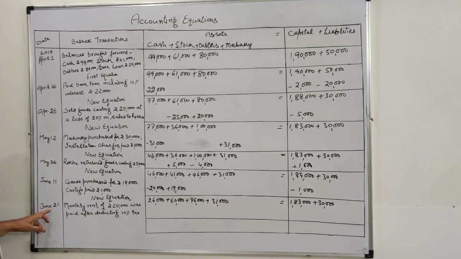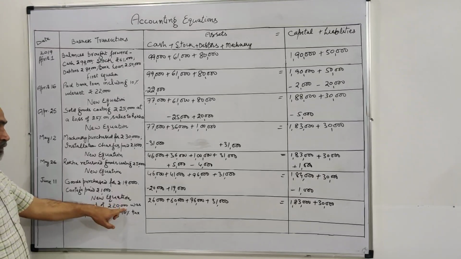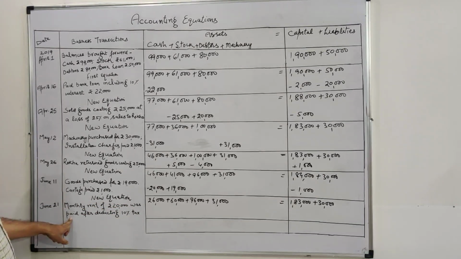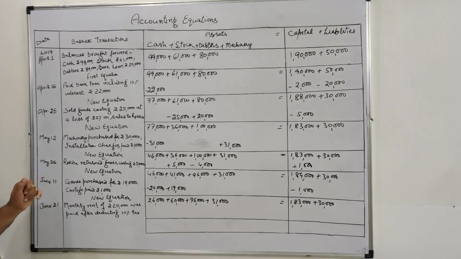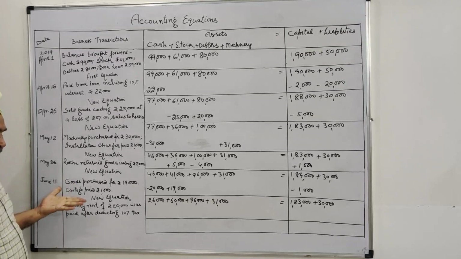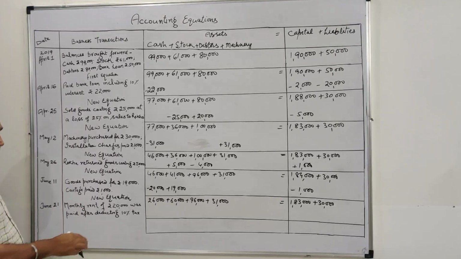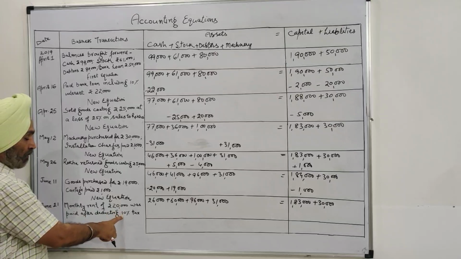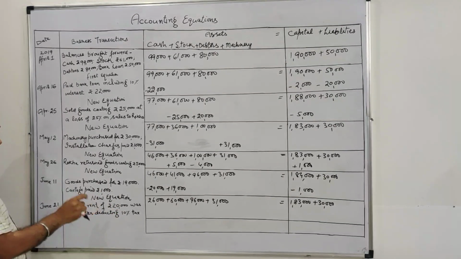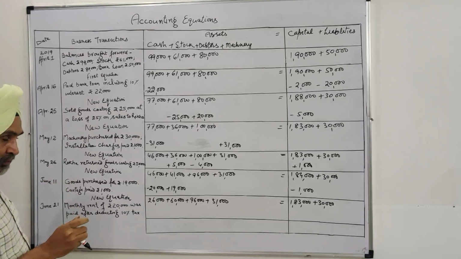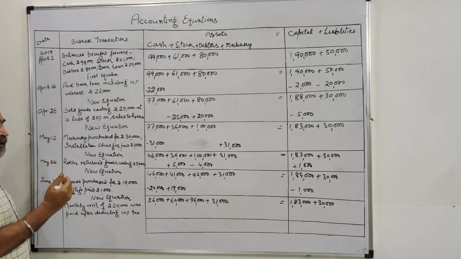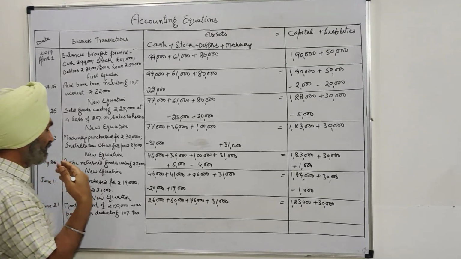Last transaction, June 21st, the longest day of the year. Monthly rent of rupees 20,000 was paid after deducting 10% discount. Monthly rent was 20,000, but we paid after deducting 2,000 tax, which we otherwise call TDS, tax deducted at source, tax deducted from the income of the person to whom you are paying the rent.